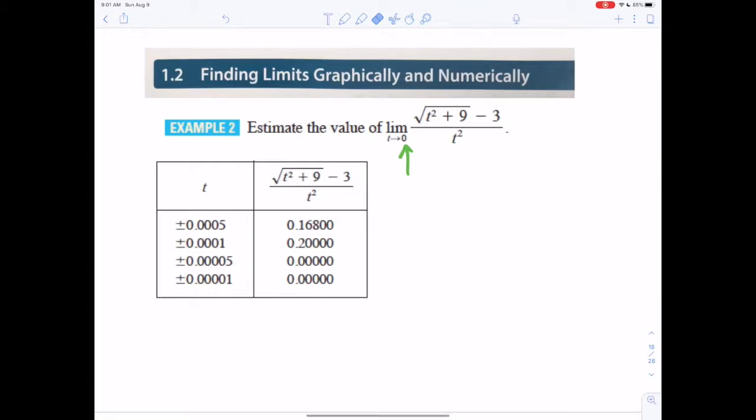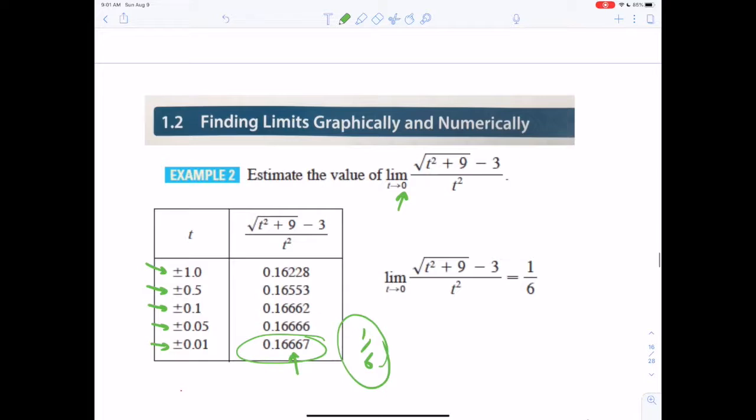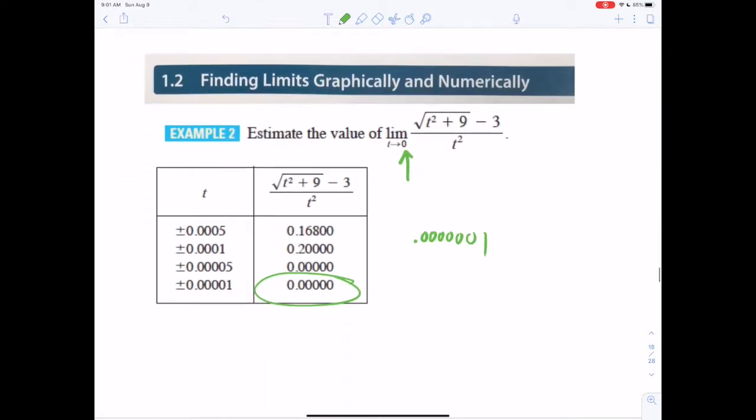If you went on your table and typed in 0.00000001, you actually get 0.000, which is not what the answer was. It was 1/6. The reason why is when you get so small, the calculator rounds your answer, and when it rounds too early, it throws off your final answer.